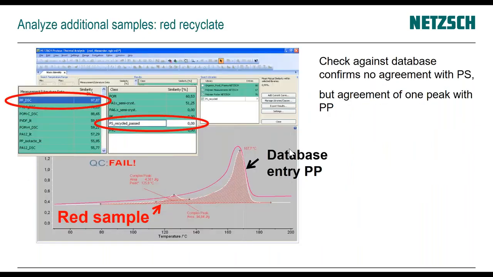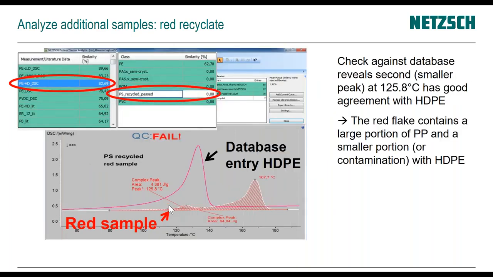But we check it against the database, and we see, yes, we get a very good agreement with polypropylene for this first peak, or the highest peak. And then we also ran the smaller peak against the database, and we got a good agreement with HDPE. So that tells us in that red flake, we have a large portion of polypropylene and a small portion of HDPE. Because it's so small, I would actually call it a contamination.